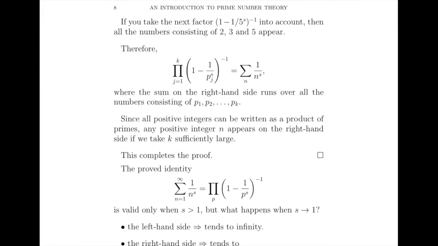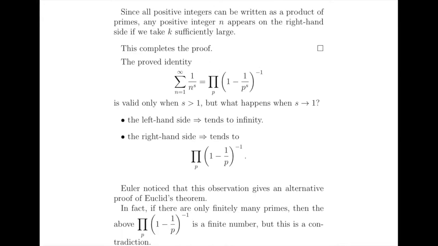So now we have proved this identity. From this identity, we can observe the following interesting consequence. That is, when s tends to 1, the left-hand side, as we saw already, tends to infinity.